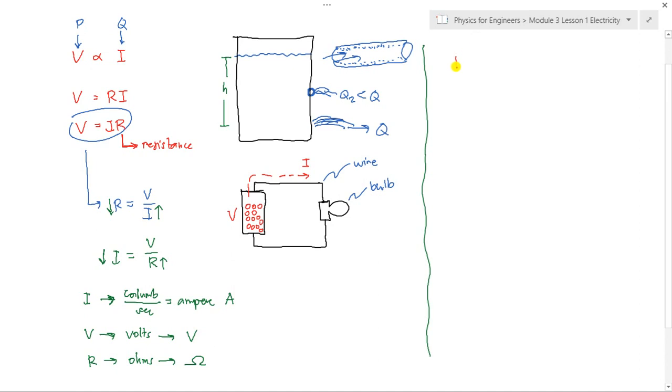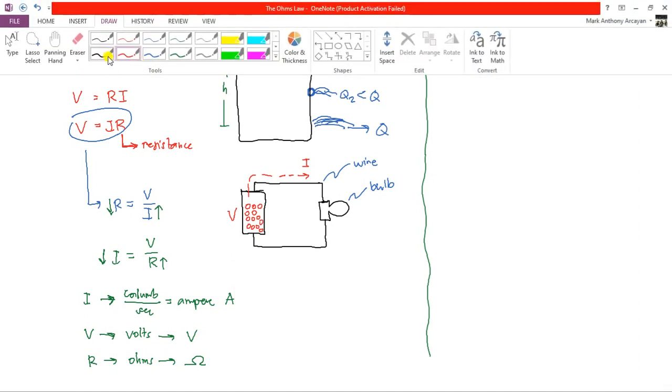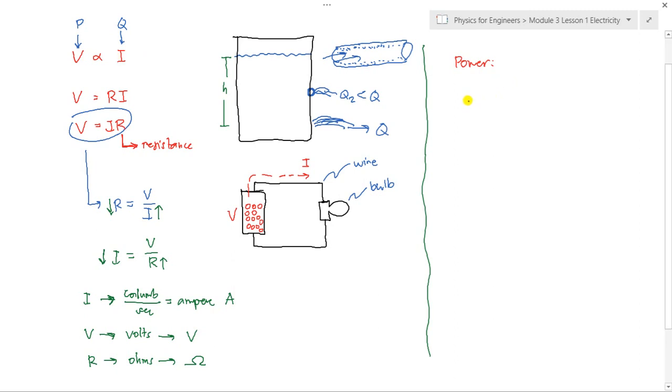So power, let's say you're having a simple circuit.